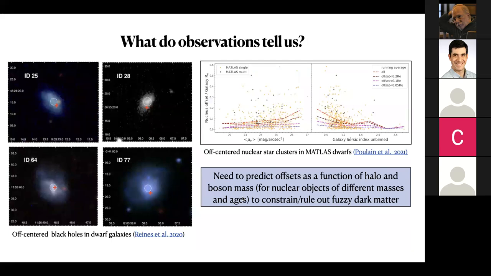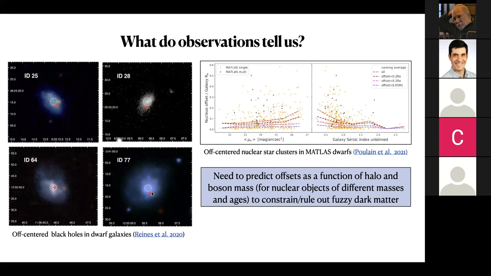Okay. So now, what do we find in observation? We have this prediction of what happens to a nuclear object in a fuzzy dark matter halo, and what do we see in observations? I'm showing you two results. One is from a recent sample of dwarf galaxies. In the red crosshairs, they show black holes, detected in radio in these dwarf galaxies, and in the background you also see the galaxy itself.